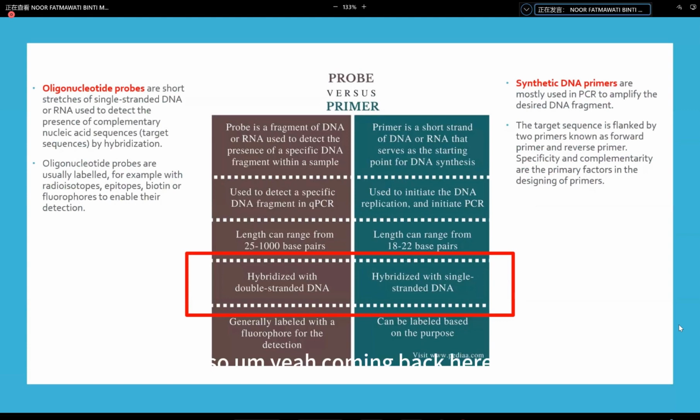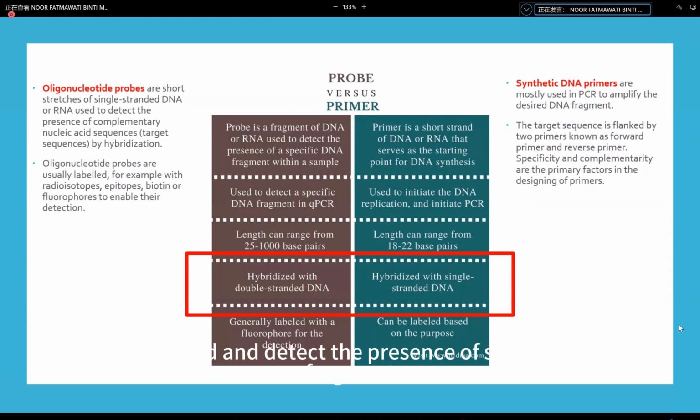Okay. So coming back here, what I'm going to share with you is something like a probe and primer, the difference between the two. The probe is a fragment of DNA.